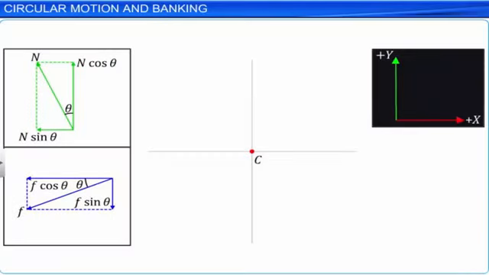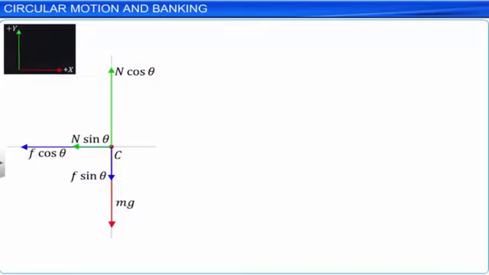We can represent all the components of all the forces at a point C, along with the weight mg as shown. As there is no motion of the car in the vertical direction, the net force acting along the y direction is equal to 0, or N cos theta minus mg minus F sin theta is equal to 0.